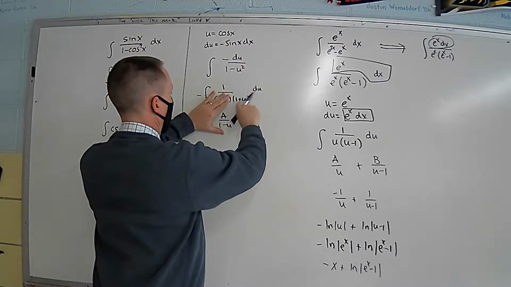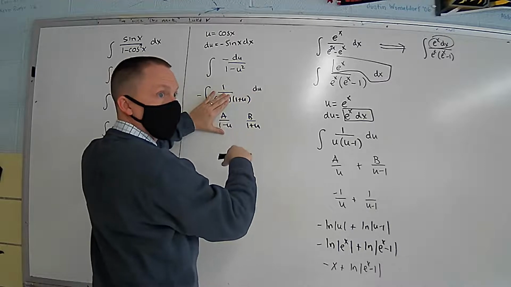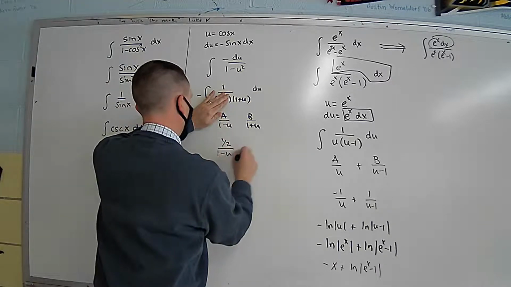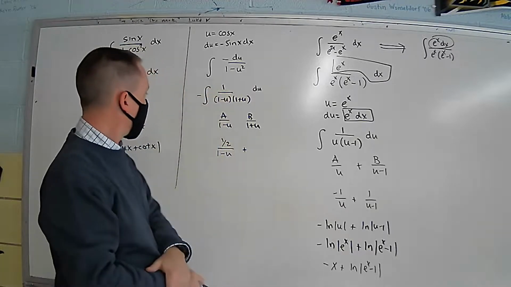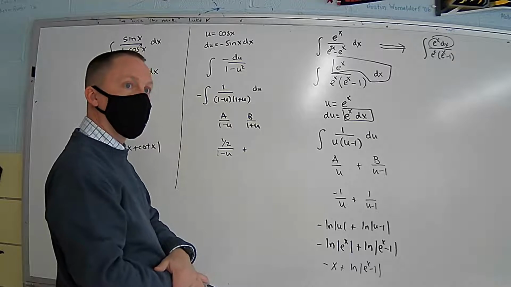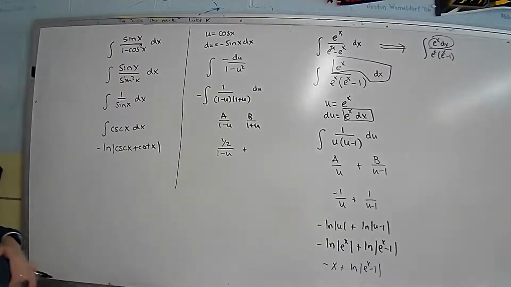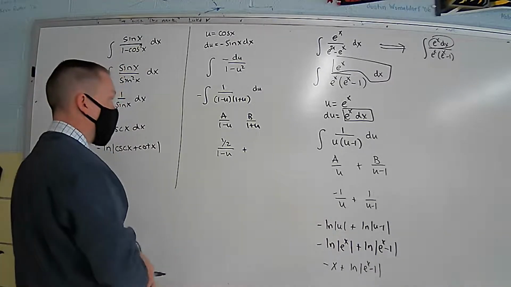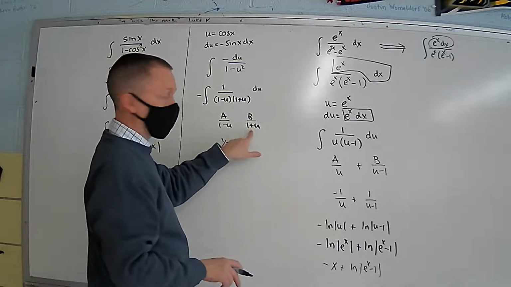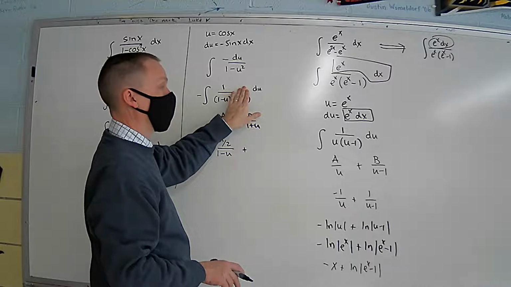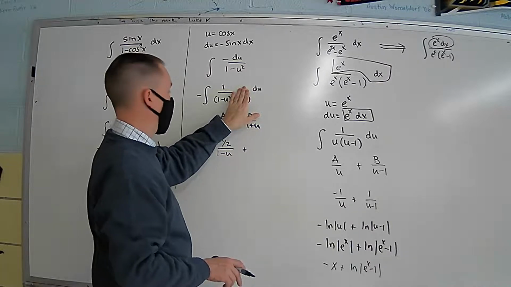So 1 over 1 plus 1, 1/2, right? All right, now what's b? So negative 1 makes that 0. So 1 over 1 minus negative 1. 1 minus negative 1 is 2. So positive 1/2.